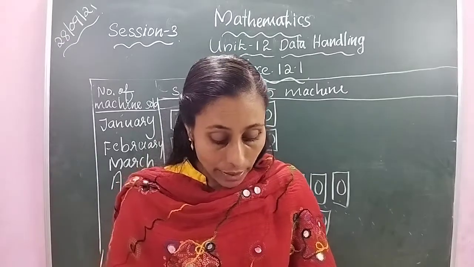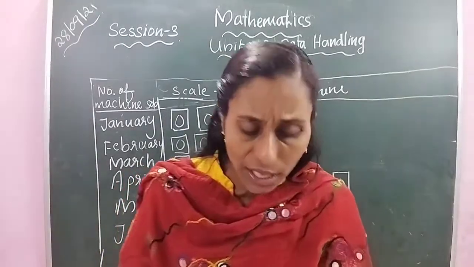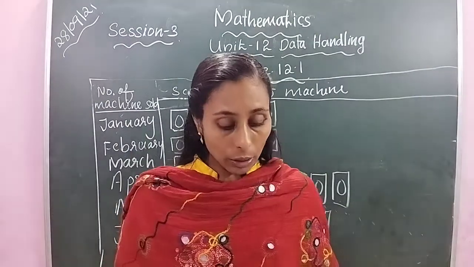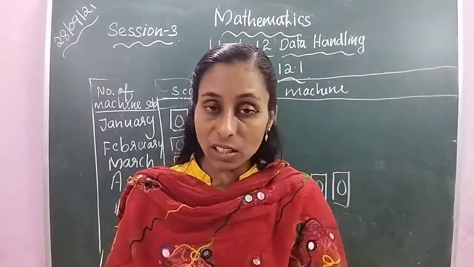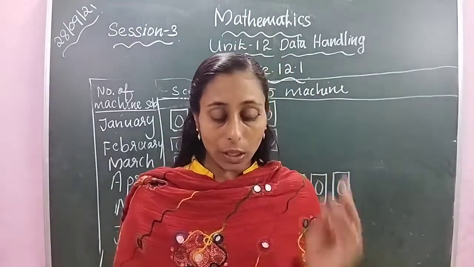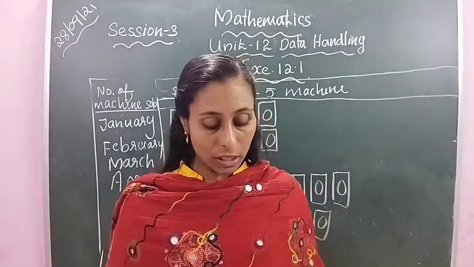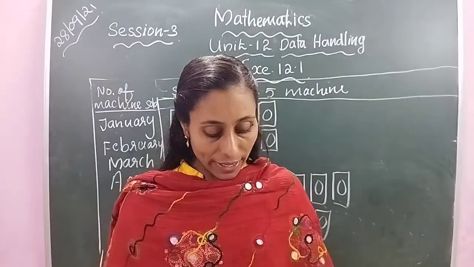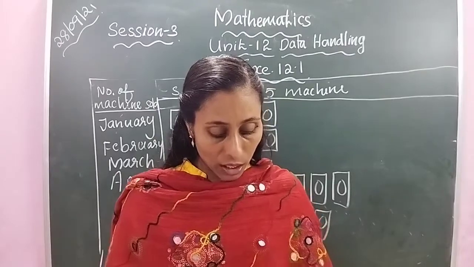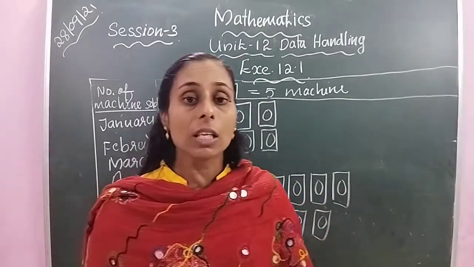On Wednesday, 60 burgers were sold. While we are seeing this pictogram, we will come to know all these things. While seeing the scale as well as the heading or title of the pictogram, we will come to know what information is given there. 250 burgers were sold in the week in all.